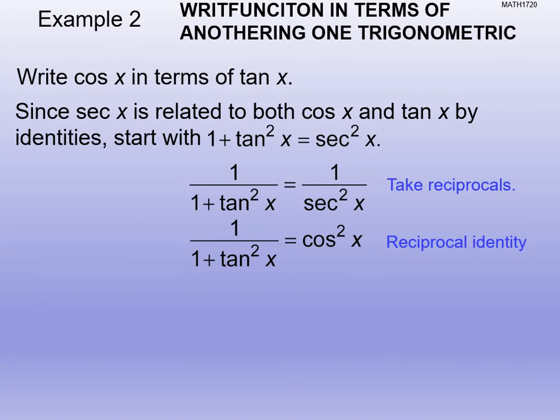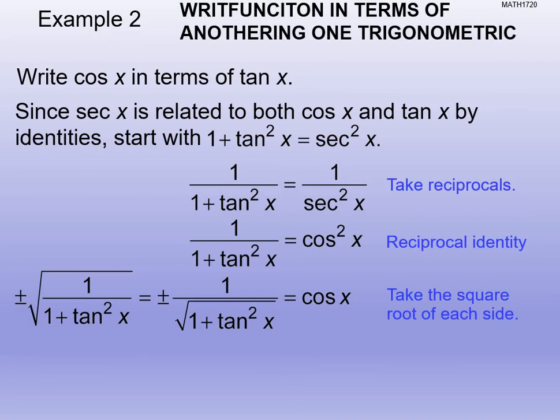Now I have a cosine squared x, so I have to just get cosine of x, so I have to square root both sides. When I do that, I get plus or minus the square root of 1 over 1 plus tangent squared x. All right, and then I can rewrite that as the square root of 1 over the square root of 1 plus tangent squared x. And then I have to rationalize the denominator.